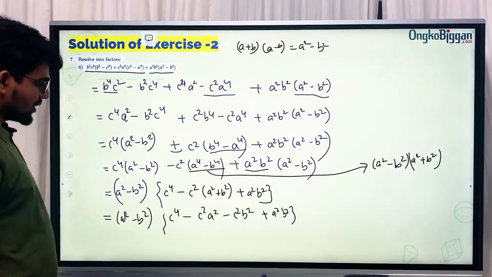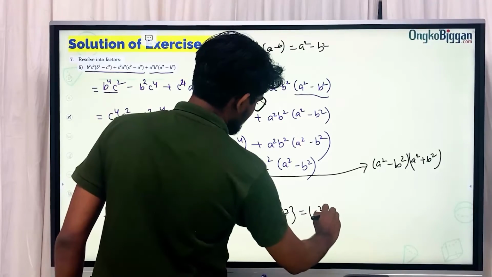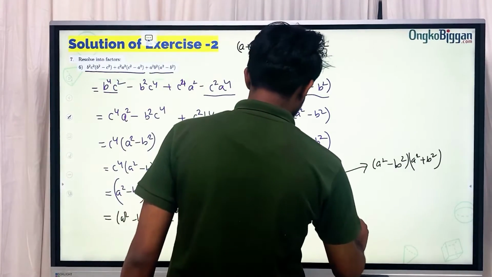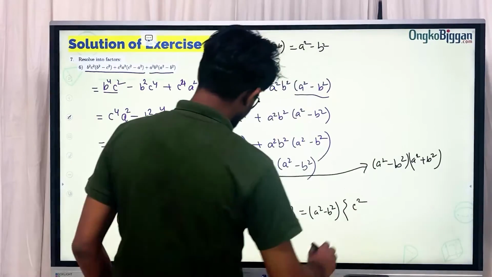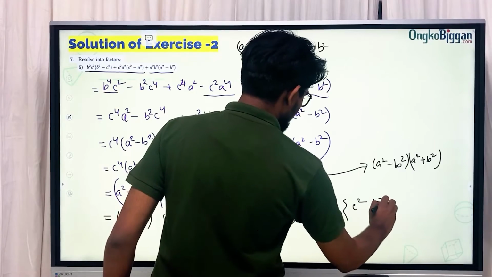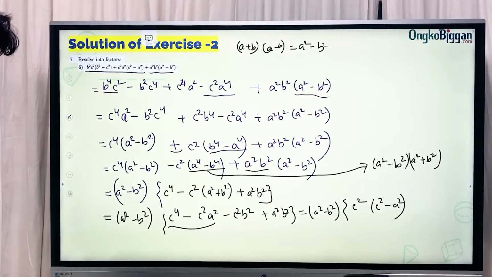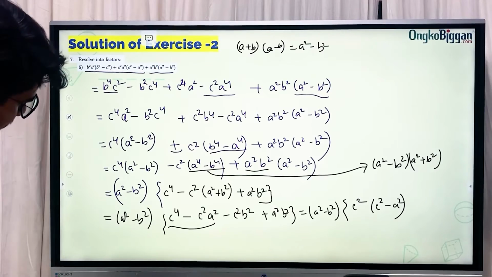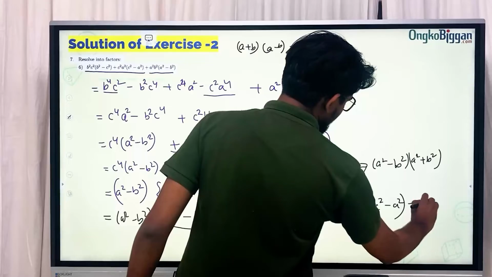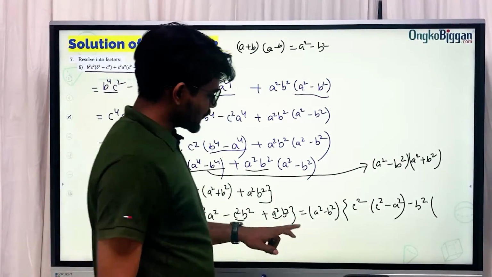So let us work without rearranging them. So a square minus b square is written as before, and if I take c square as common from these two, I get c square minus a square. And now again, if I take minus b square as common, I get c square minus a square.